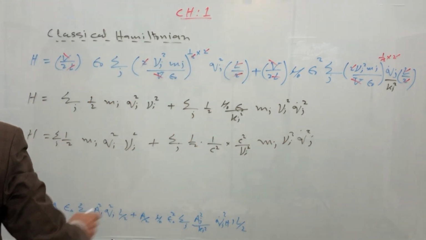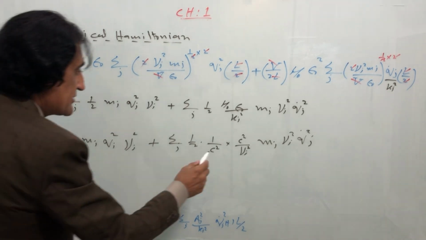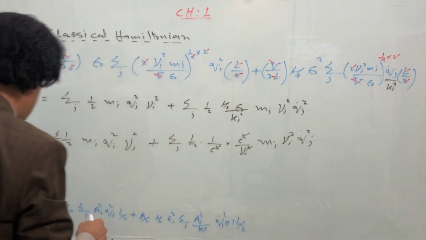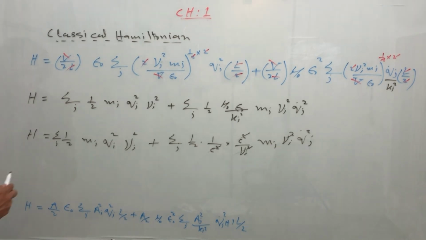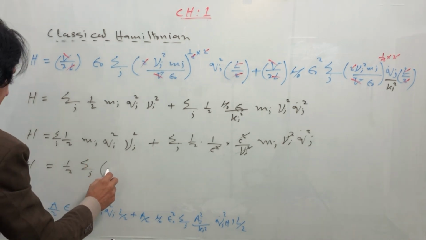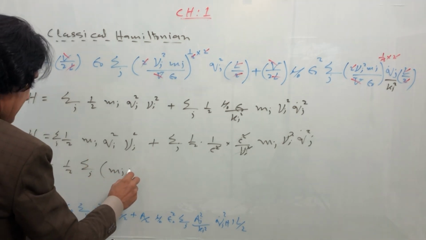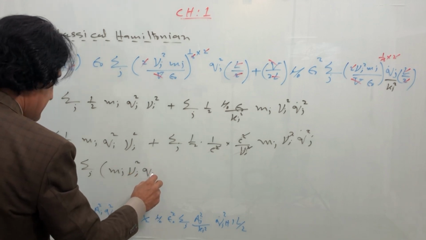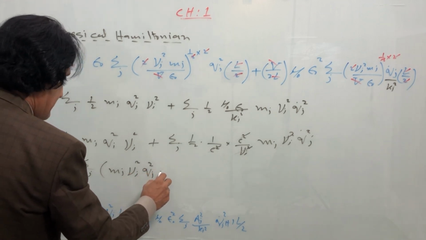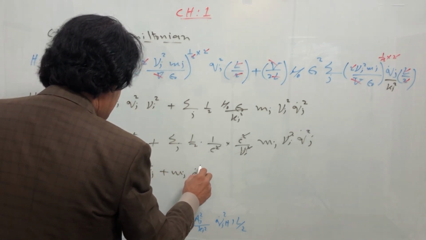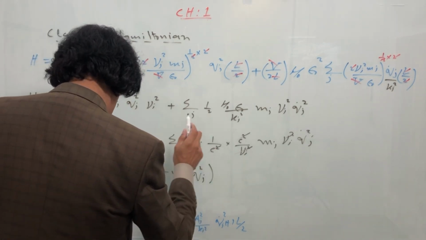So this is a very long calculation. This c square will be cancelled out and this will also cancel out, and then we have 1 over 2 summation over j of mj nu j square qj square plus mj q dot j square.